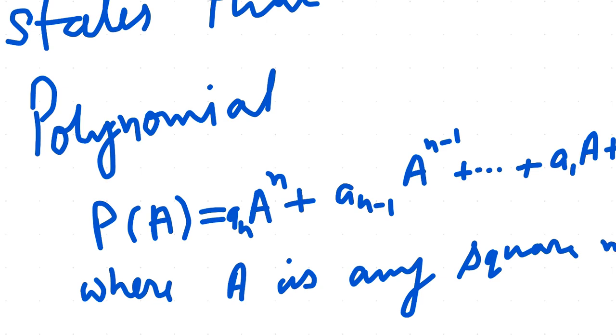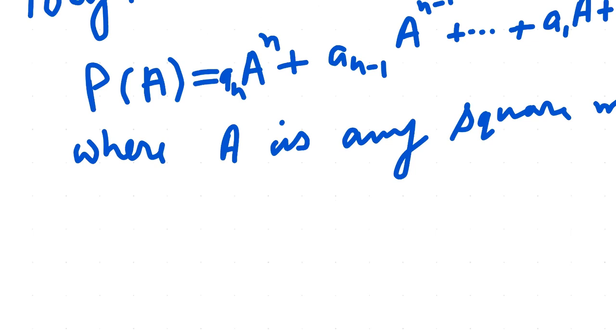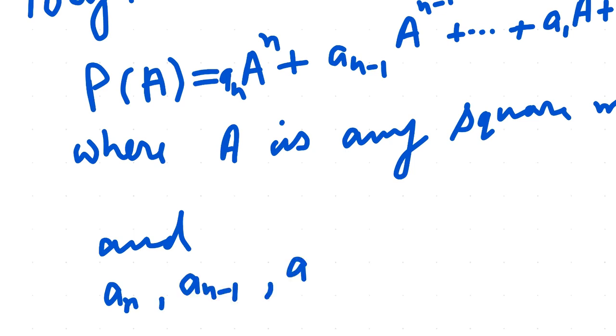And a_n, a_(n-1), up to a_1, a_0 are constants. How can we find this polynomial?